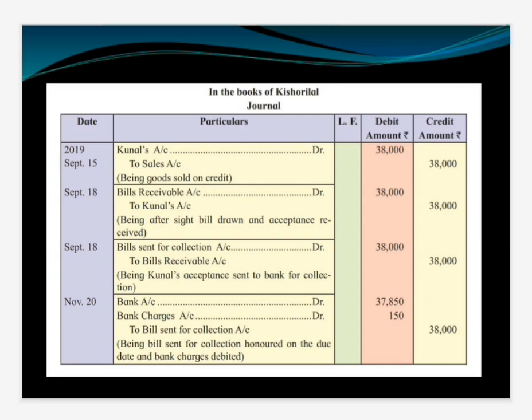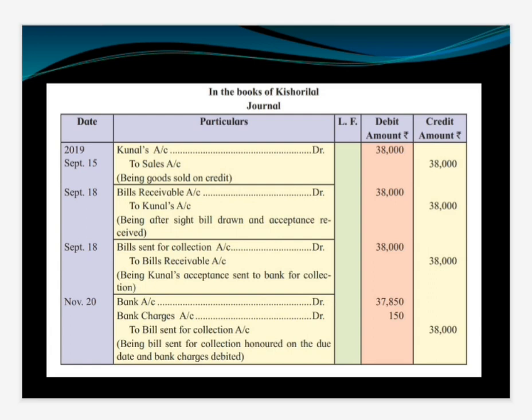Students, you have to concentrate on the date also, as well as after passing the journal entry, we have to write the narration. I will read out one transaction. Kunal's account debit to sales account, being goods sold on credit, and the debit amount rupees 38,000 and the credit amount rupees 38,000.